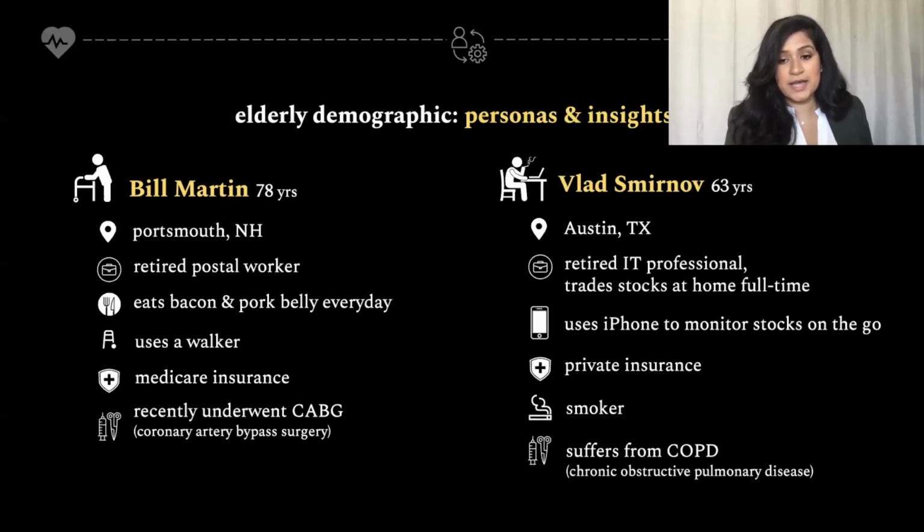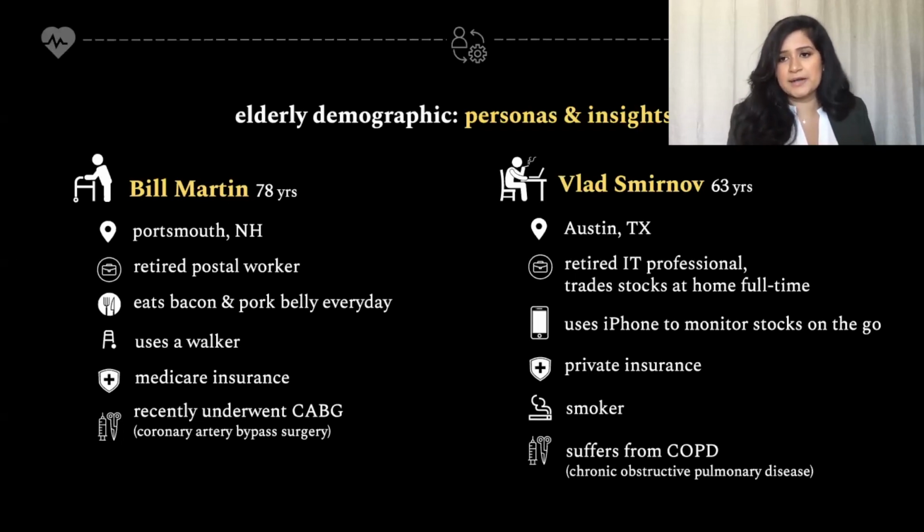He uses his iPhone to monitor stocks on the go. He's also subscribed to private insurance. This also means that he has greater access to healthcare, and potentially he may not be as inhibited by costs. He's also a smoker, and he suffers from chronic obstructive pulmonary disease, also known as COPD.